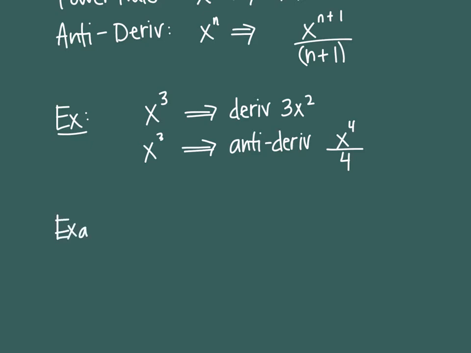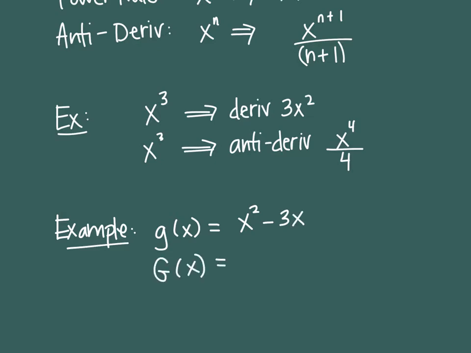So if you've got a function that's defined as g of x, and g of x is x squared minus 3x, and you want to find the antiderivative of that, so we denote that as capital G of x. Well, then the antiderivative of the polynomial piece will be x to the third divided by the power 3. It will be 3x with a new power of 2 divided by the number 2, and then there is a constant added on to the end.